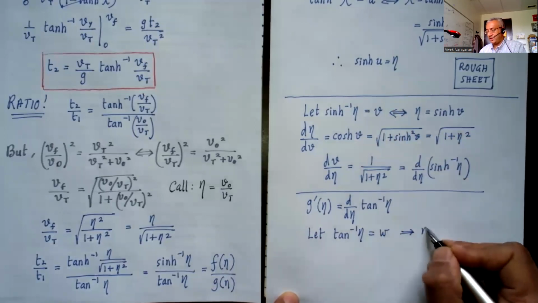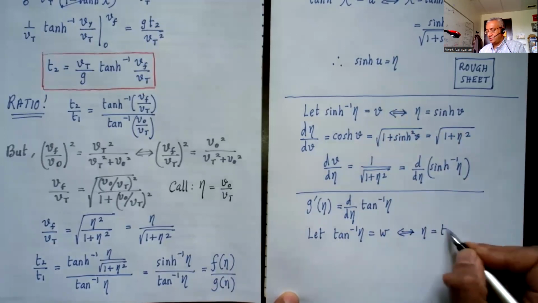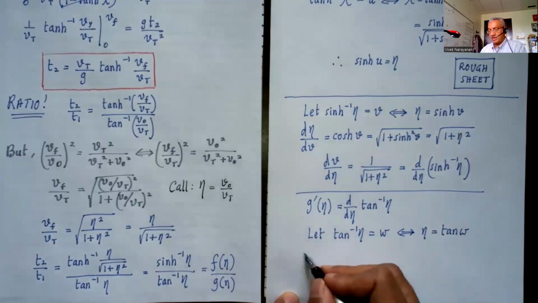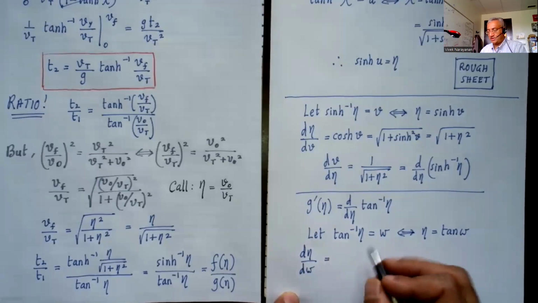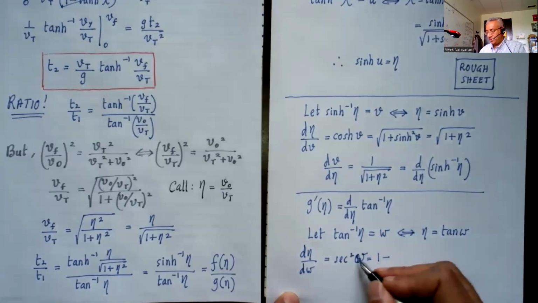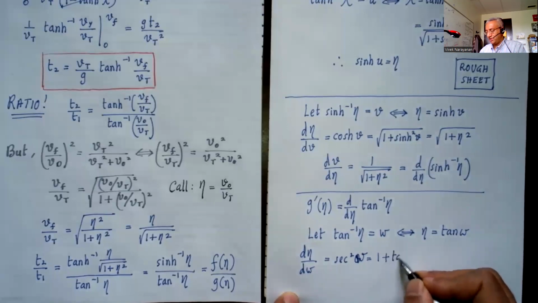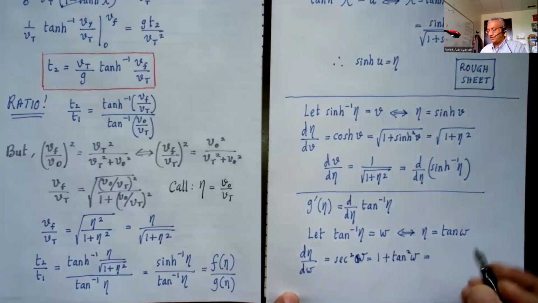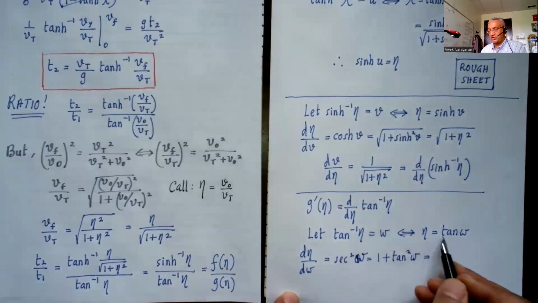So that tells me that eta is tan w, and now I'll do d eta by dw. The derivative of tan theta is secant squared theta, so that is secant squared w. Secant squared w is 1 plus tan squared w, and tan w is eta.